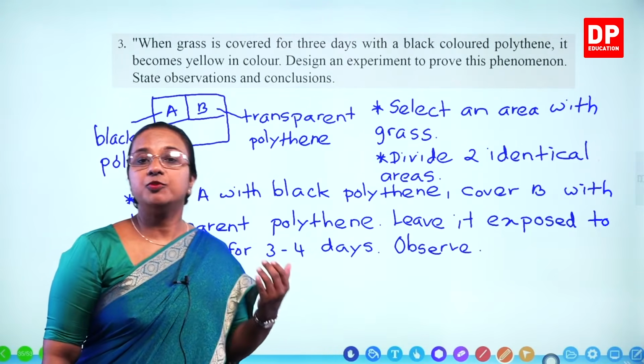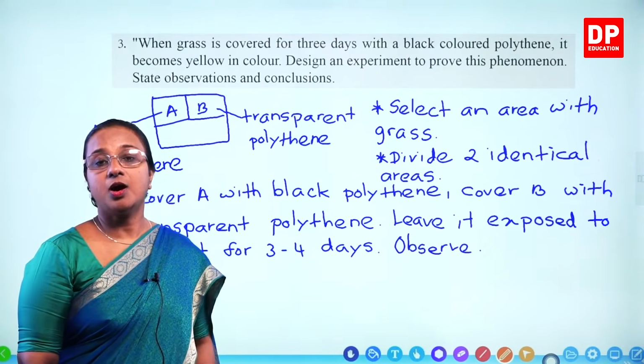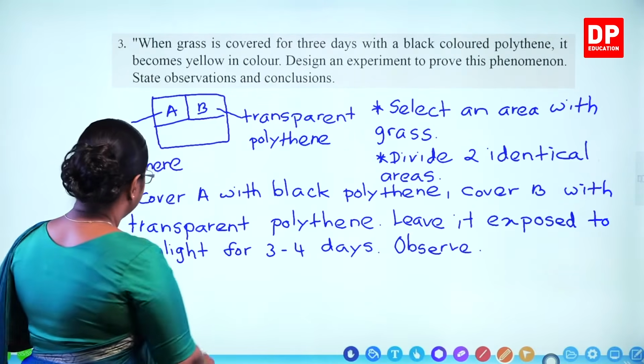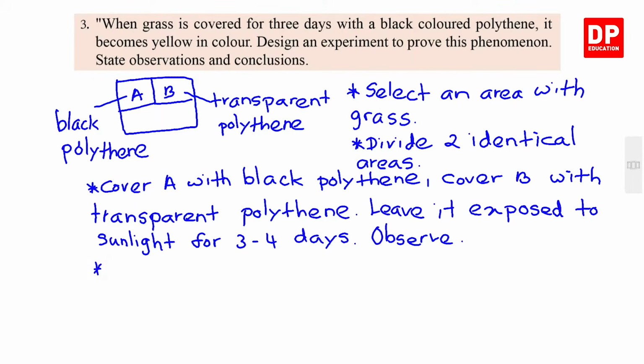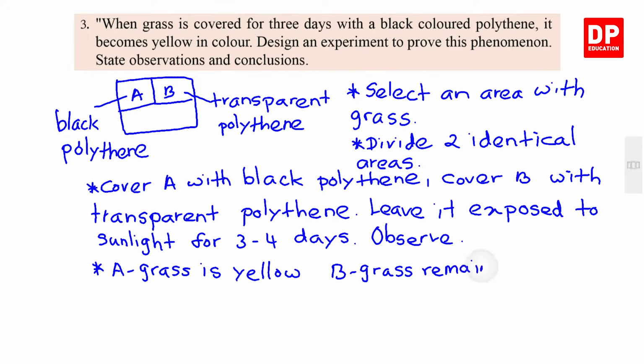Observe means we have to remove the polythene and observe. Then what will you observe? A, grass is yellow, and B, grass remains green.